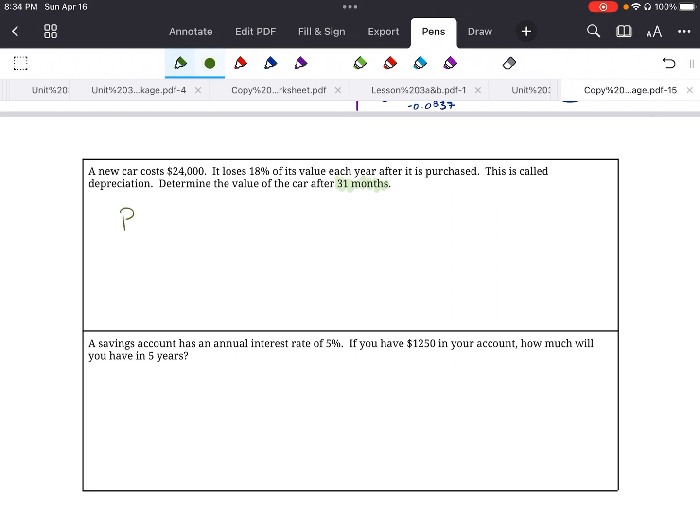So we're going to turn our exponent into a fraction. Okay, it's losing 18%, so 1 minus 0.18 is 0.82, and we're doing 31 over 12 because 12 months is the same as 1 year. You can do this, or you can figure out how many years is in 31 months. It's 2 point something, so you're getting decimals that way.